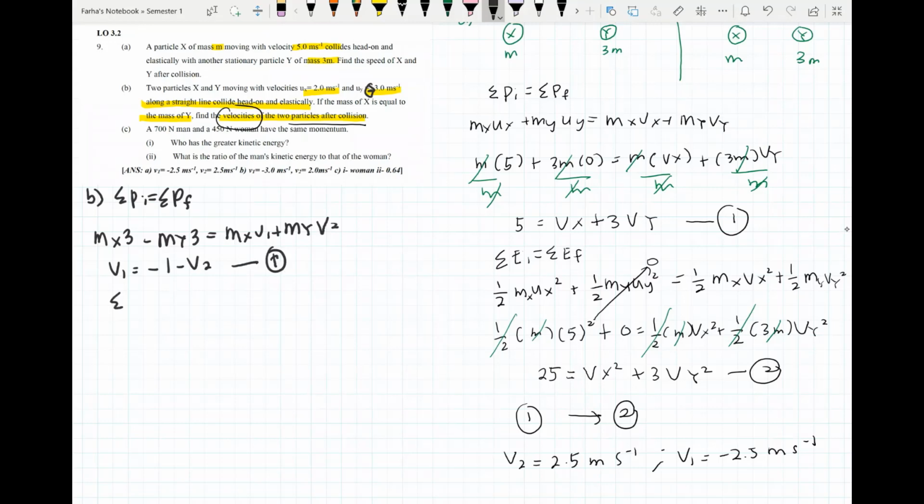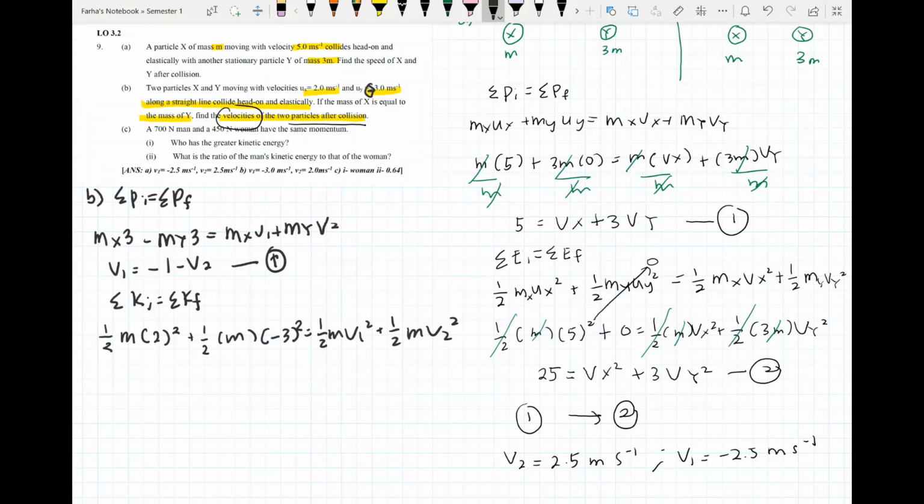So same goes to the second equation. We use the sum of kinetic energy initial equals to sum of kinetic energy final. Okay, half M. Ingat M untuk both object particles yang adalah sama, iaitu kita labelkan sebagai M saja. So U is 2 plus half M U Y is negative 3, half M V1 square plus half M V2 square.